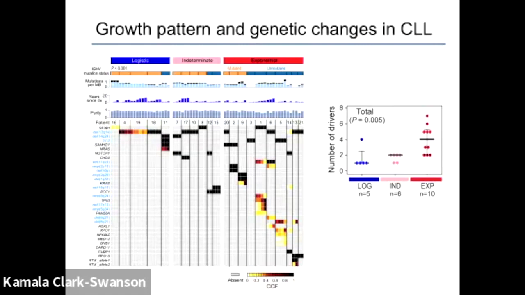If we see a driver mutation in a patient at any time point, we will see it later and we see it before. Even though we followed some of these patients for more than 10 years, we don't see new drivers popping up suddenly. So it seems that the stage has been set for these CLLs some significant time ago in the past before they were detected.